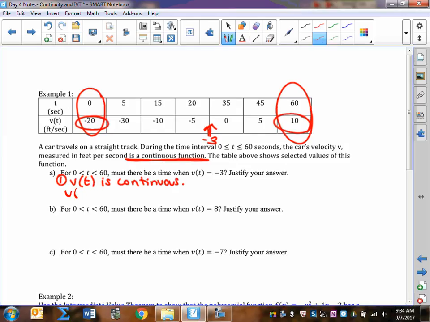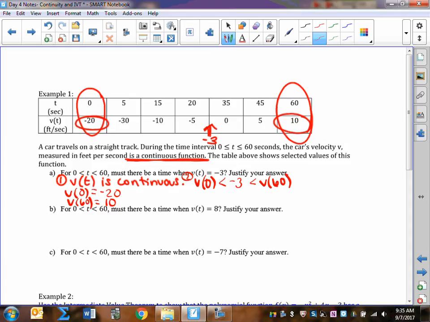So v of 0 equals -20, and v of 60 equals 10. Okay, so state those, and then you can just go ahead and say v of 0 is less than -3, which is less than v of 60. So the y value endpoints surround that point in question. Okay, so that was kind of our next thing. I guess I probably should have put 2.